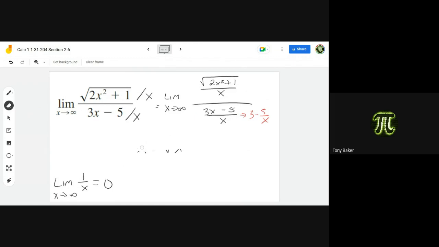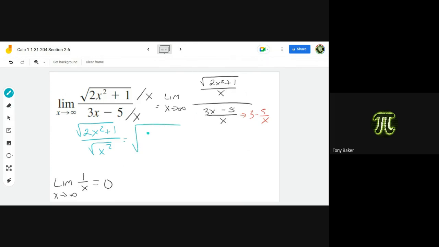So I can change my top to the square root of 2x squared plus 1 over the square root of x squared. Because that's the same thing, right? So I'm not multiplying or anything there. I'm literally just replacing it with something that's equal to it. I'm basically unsimplifying it.